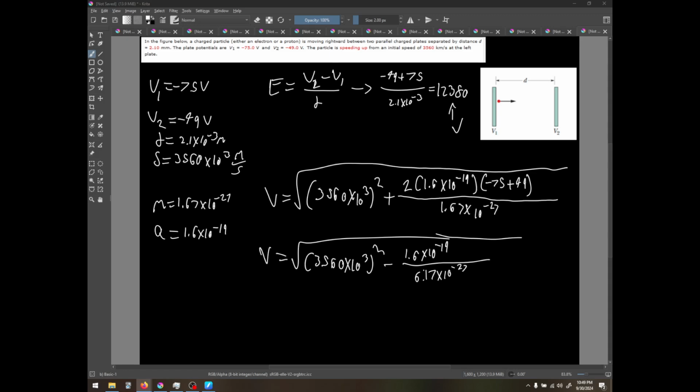I'm actually even going to check what they put in. Make sure it even works. 9 times 10 to the fourth squared minus 1.6 times 10 to the negative 19th times 20, 20 times 2, over 6.17 times 10 to the negative 27th.